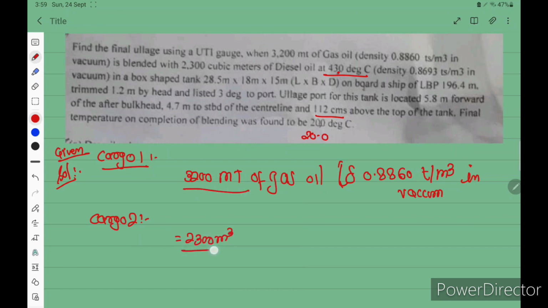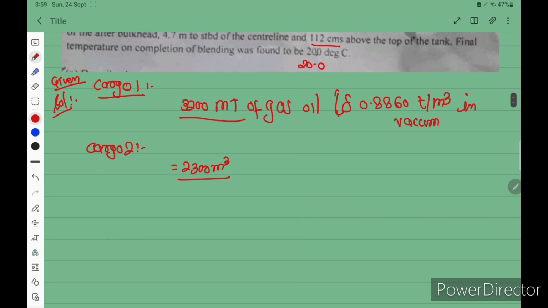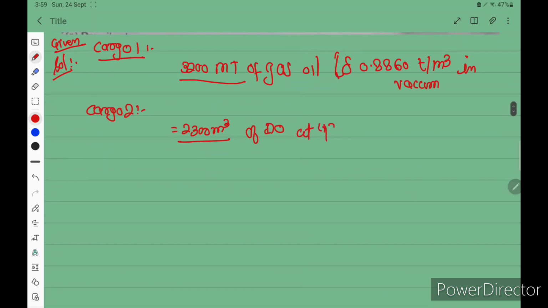So this is metric ton, this is meter cube. We have to convert and bring everything into GOV, gross observed volume, in meter cubes. So cargo 2 is given 2300 meter cube of diesel oil at 43 degree temperature, density 0.8693 tons per meter cube.